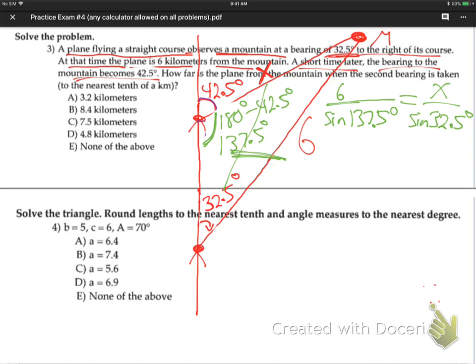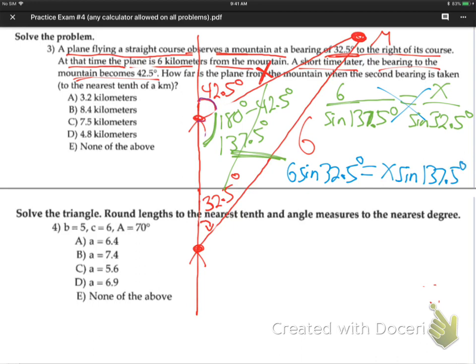Side over sine of angle, and side over sine of angle, and then cross multiply and solve for x. So then we have 6 sine of 32.5 degrees is x sine of 137.5 degrees.